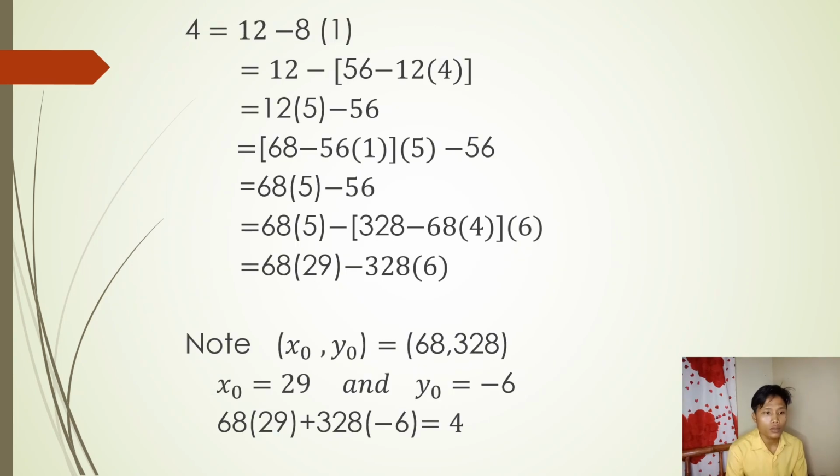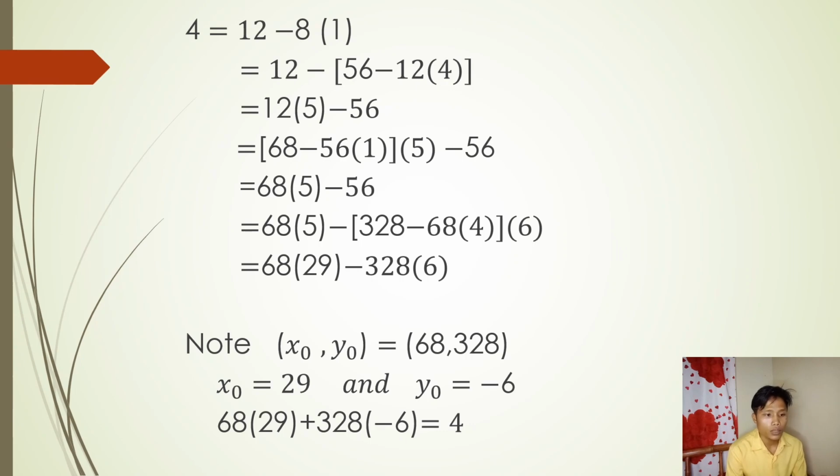So 4 is equal to 12 minus 8 times 1. We substitute the value of 8, so it's equal to 12 minus the value of 8, which is 56 minus 12 times 4, equal to 12 times 5 minus 56. So we substitute the value of 12, which is 68 minus 56 times 1, times 5 minus 56, so it's equal to 68 times 5 minus 56 times 6.